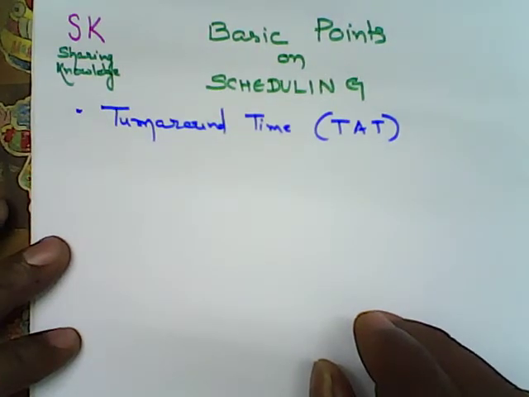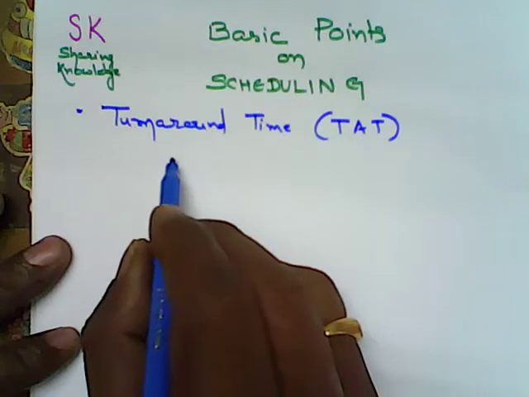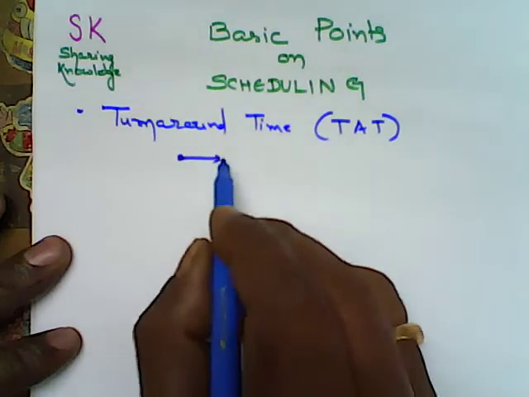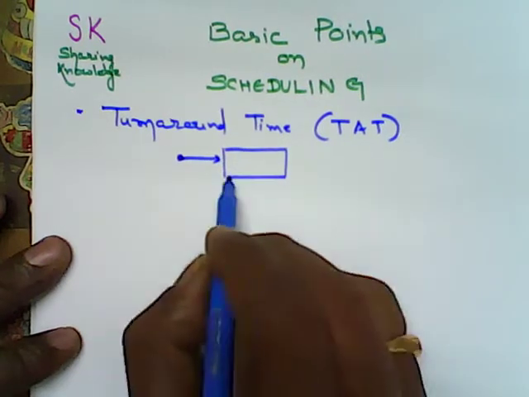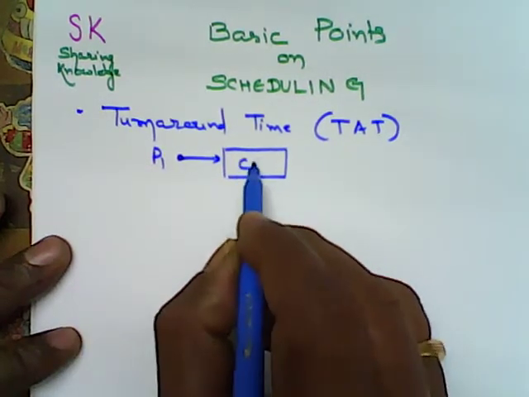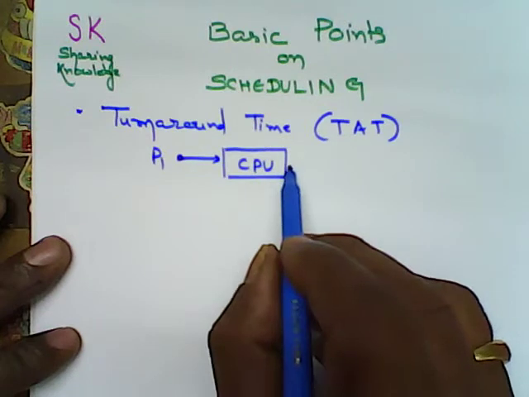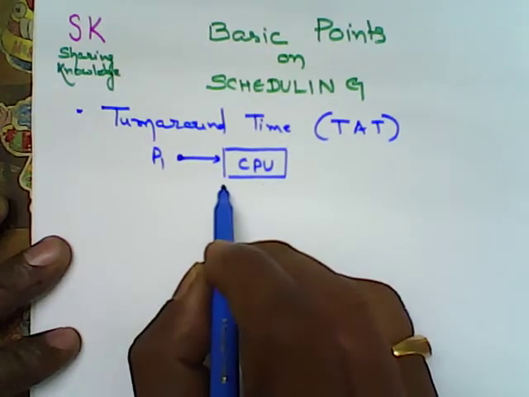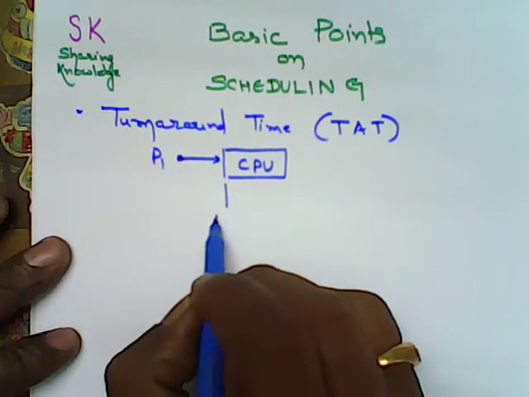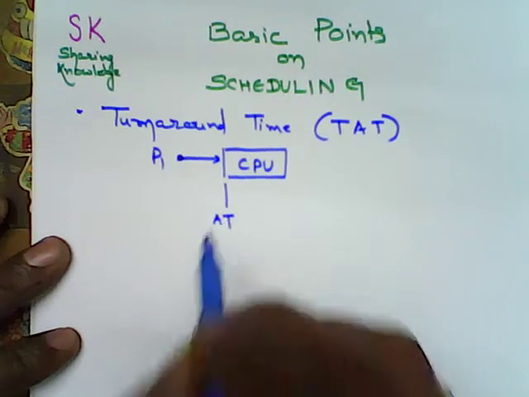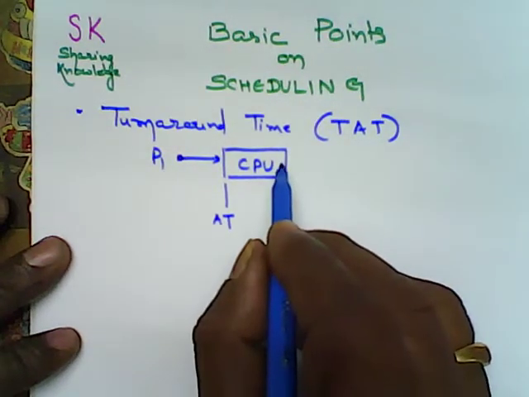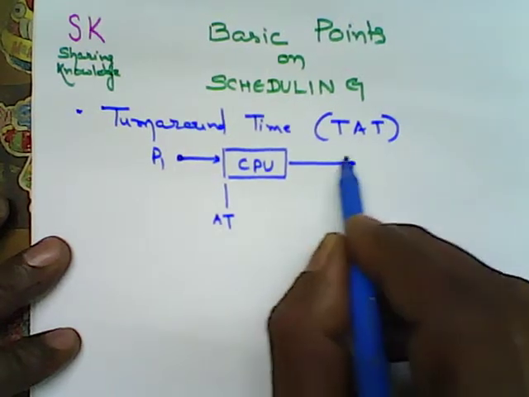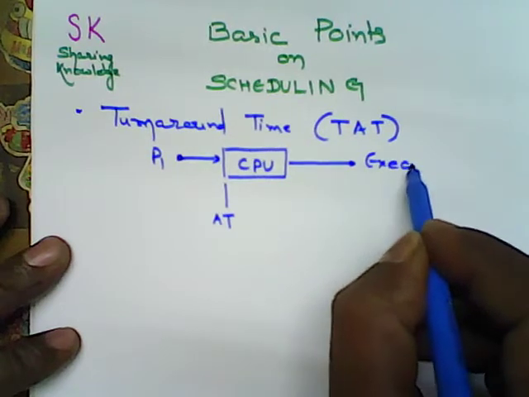Turnaround time exactly means, assume that a process P1 reaches the CPU, and once it reaches the CPU we consider this particular point as arrival time, and the CPU takes its time and executes.